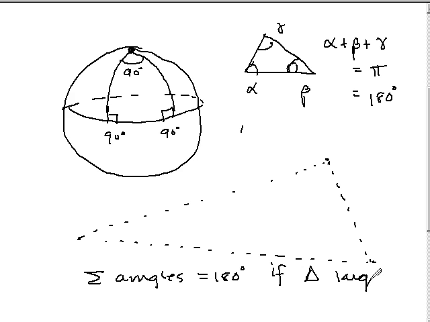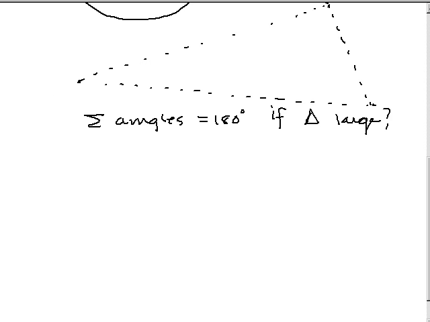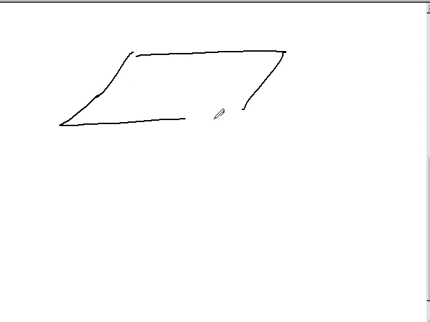So as your dimensions get larger, is it true that the sum of the angles actually equals 180 degrees if the triangle is large? Now, if you lived in perfectly flat space, that would be true. But if you lived in a curved space, as we actually do, it would be possible if you could get a big enough triangle, because remember, the sun, for example, distorts the space in the neighborhood.